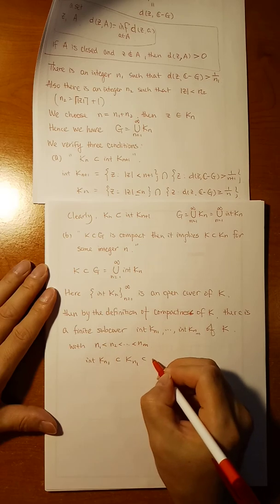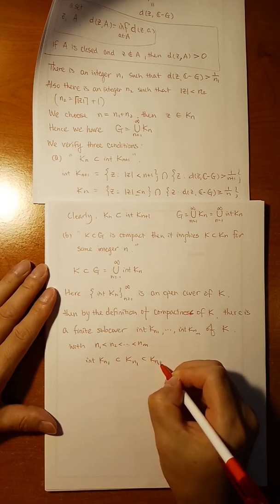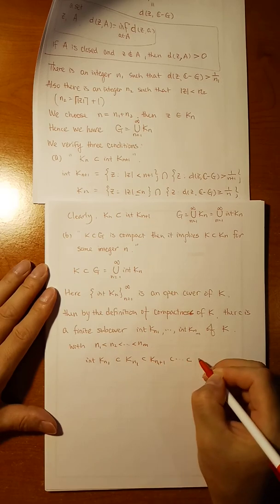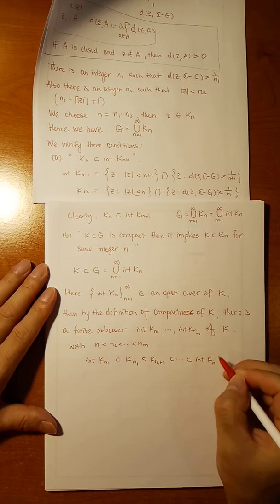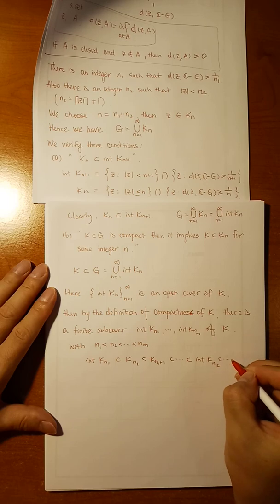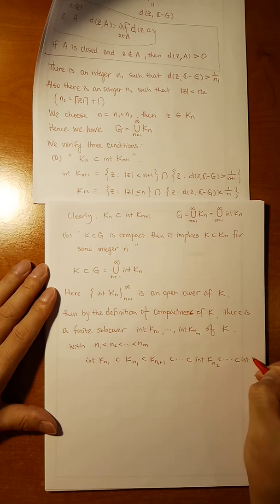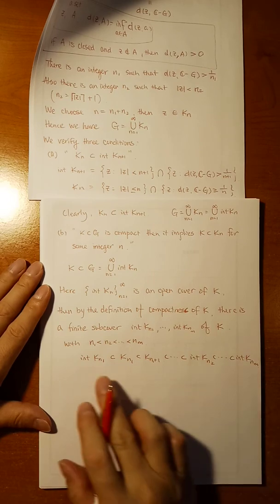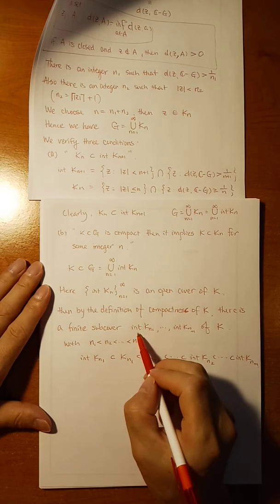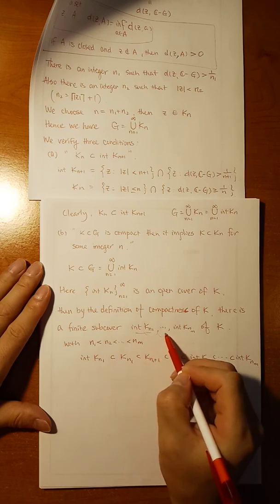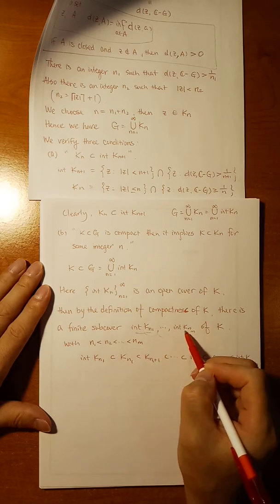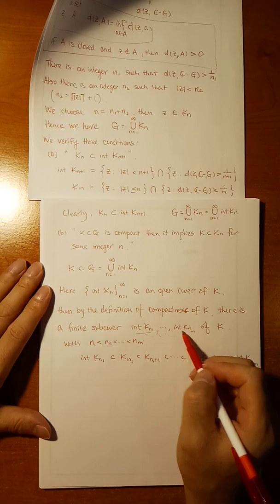And it is inside the Kn1 plus 1, and it is inside the interior part of Kn2. And eventually it is contained in the interior part of Knm. Okay, so actually I want to say that each open cover element belongs to the next one, belongs to the next one, belongs to the next one. They are all subsets of the last one.